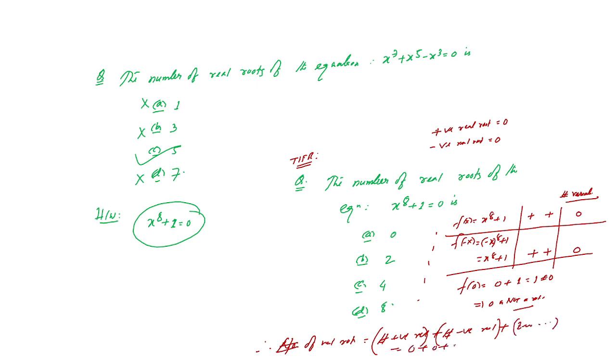This is 0 plus 0 plus 0, so the number of real roots is 0. That means all the roots are complex. If you ask the number of complex roots of the equation, it is exactly 8.